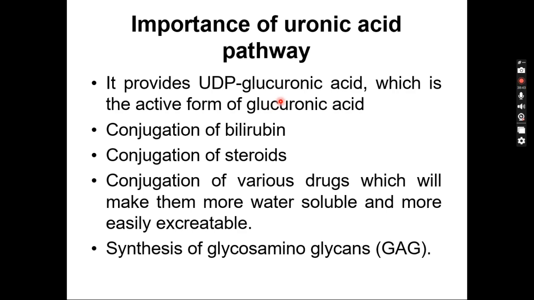So the UDP-glucuronic acid, which is the active form of uronic acid, acts in the conjugation of bilirubin, of steroids, and also of various drugs, which will make them more water soluble, and this will make it very easy for these substances to be excreted from our bodies. This uronic acid is also important in the synthesis of glycosaminoglycans, the GAGs.